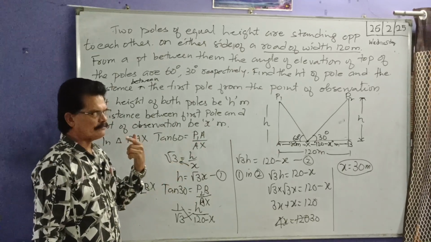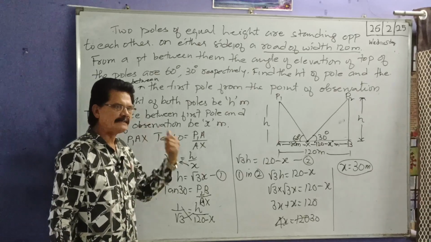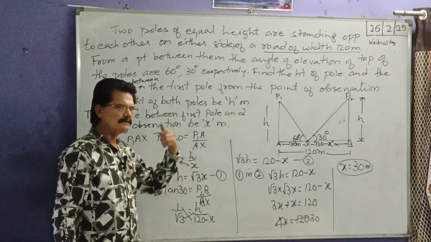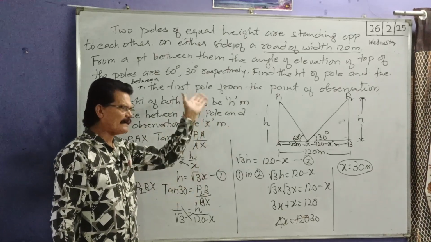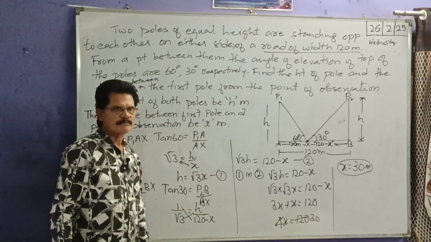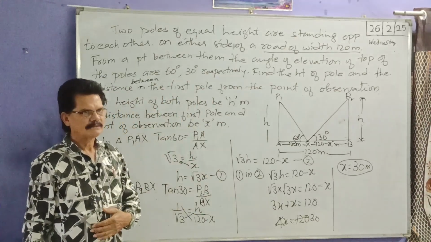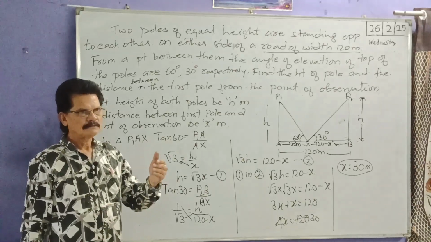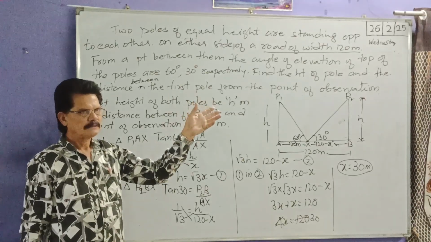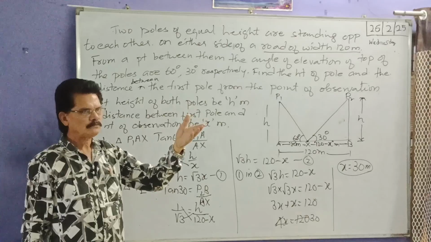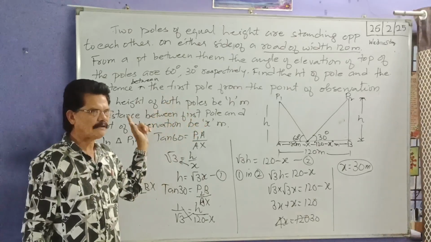Just now which equation is substituted? 1 in 2. So you go back to 1. If you do 2 in 1, go back to 2. If you do 1 in 2, go back to 1. Now what is 1?